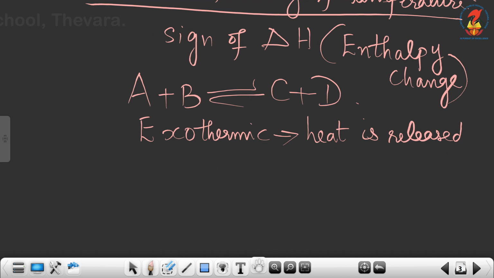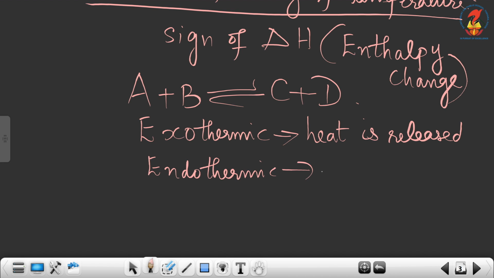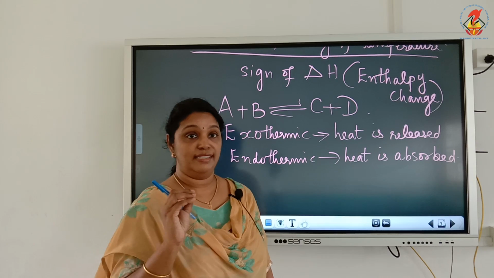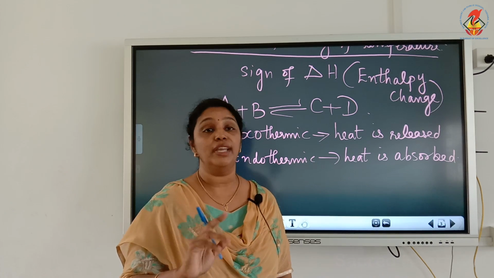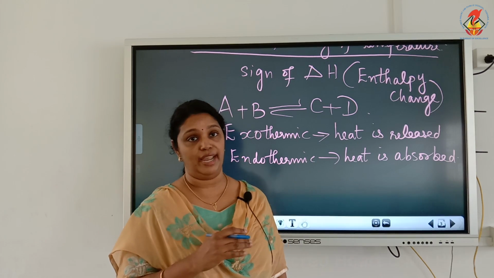And endothermic reactions means heat is absorbed. So I said for a reaction at equilibrium, we have a forward reaction and a backward reaction.